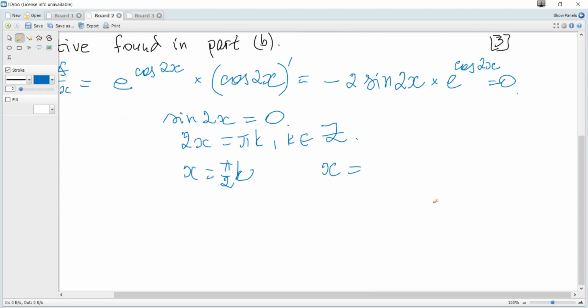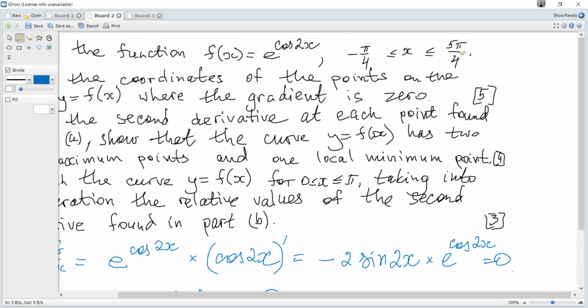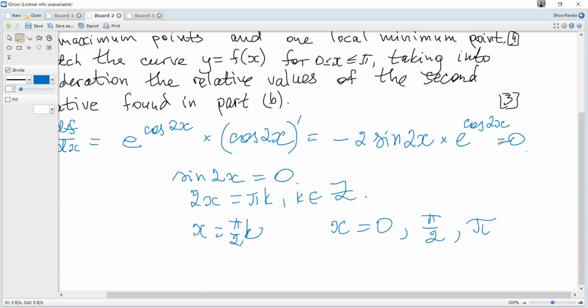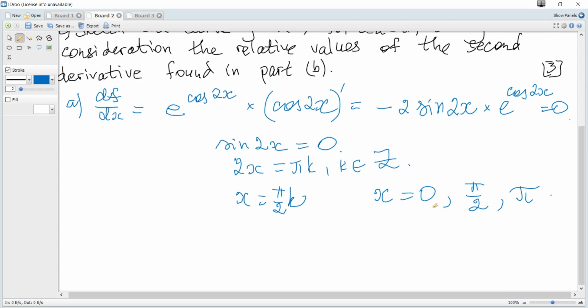So when k is 0, x is 0, it's a root, and when k is 1, it's pi over 2, and when k is 2, it's pi, and when k is 3, it's greater than 5 pi over 4, so it's not a root.